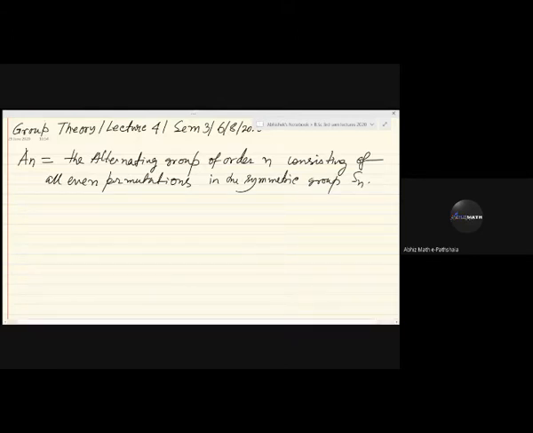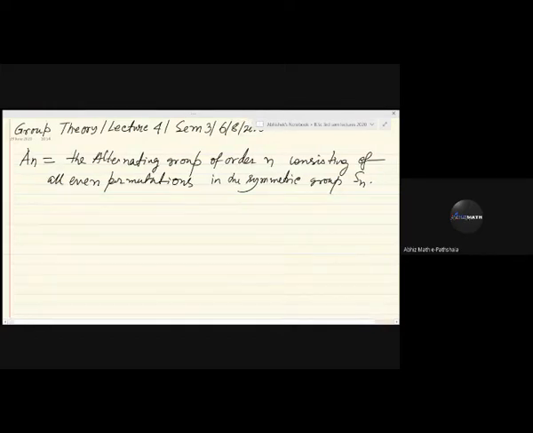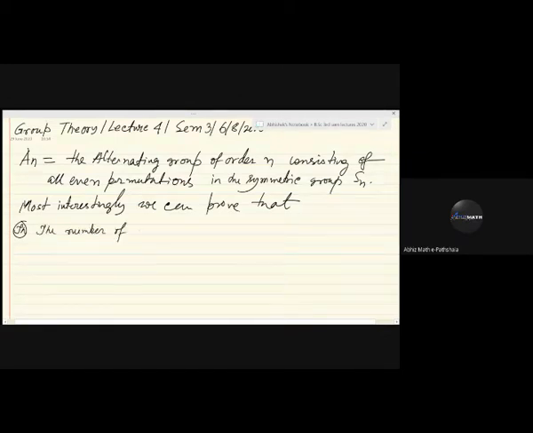And most interestingly, we can prove the following result: the number of even permutations in Sn is n factorial by 2.